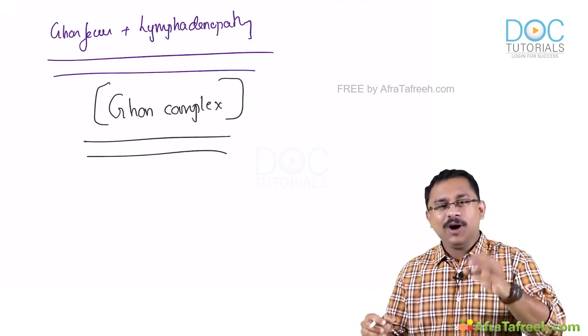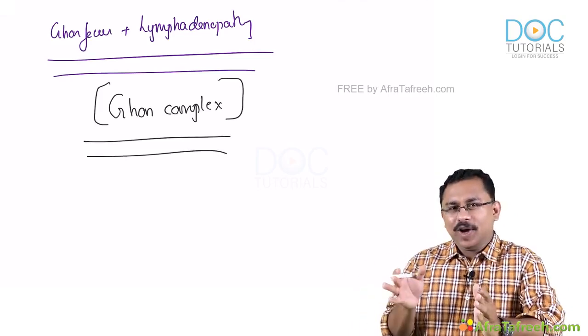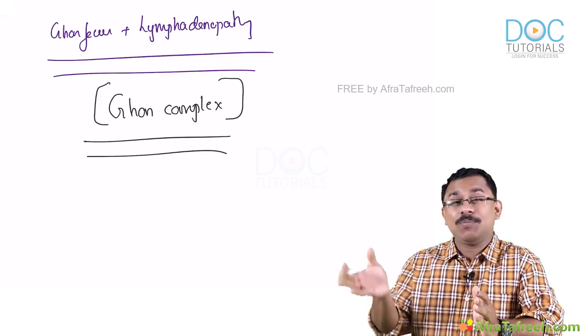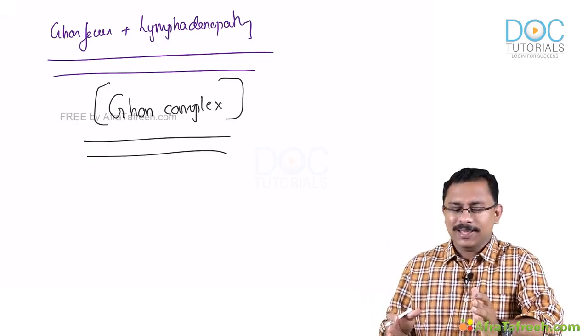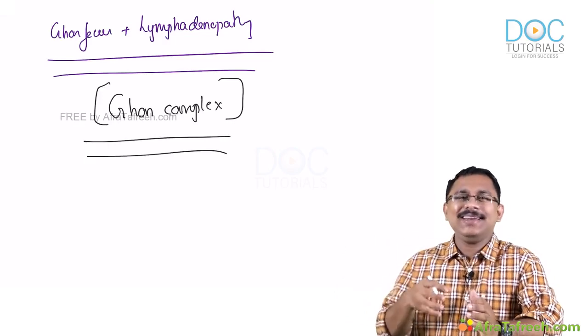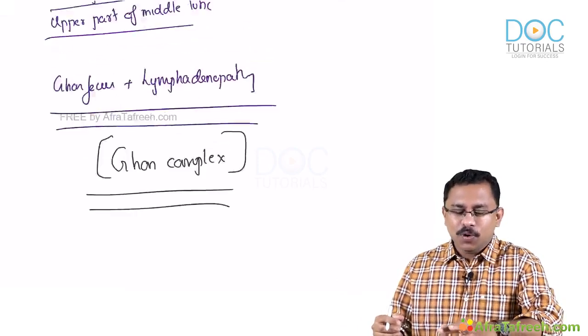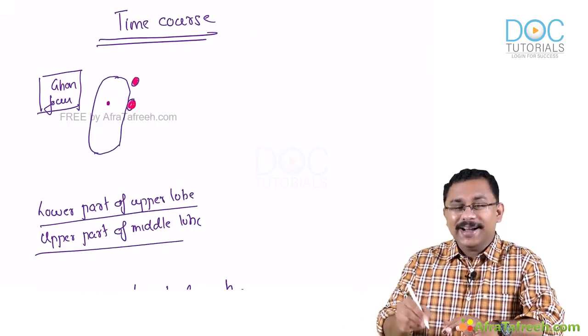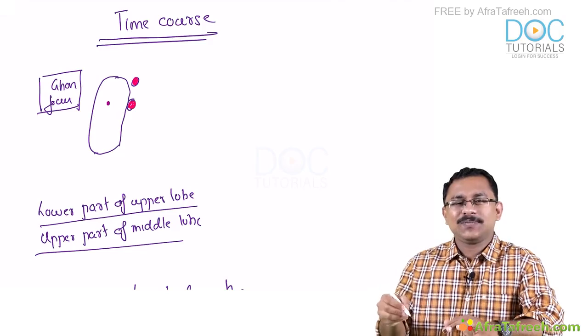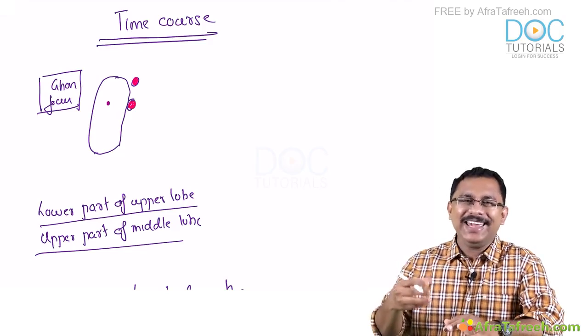Correct? Now what happens is, if Mr. X is able to mount an immune response, he will be able to contain this infection. So both the Ghon focus as well as the lymph nodes will undergo healing.